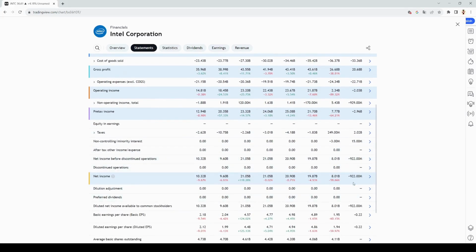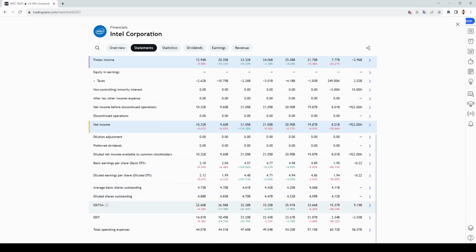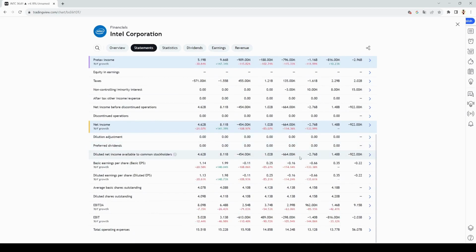Net income is positive but has also gone down a bit since 2021 or even before that. Shares outstanding have gone down but have gone up in the last few quarters, which is weird because the price is so low. Let's look at quarterly data.